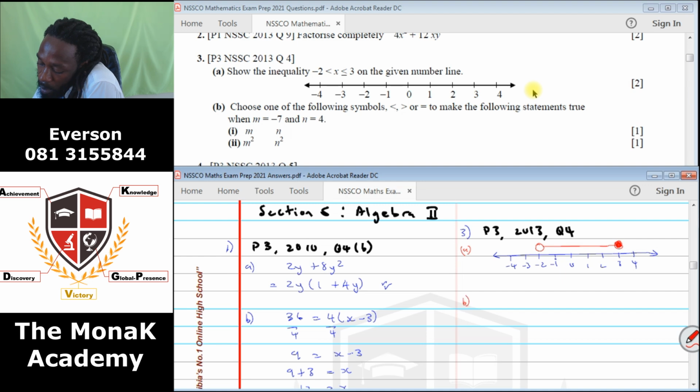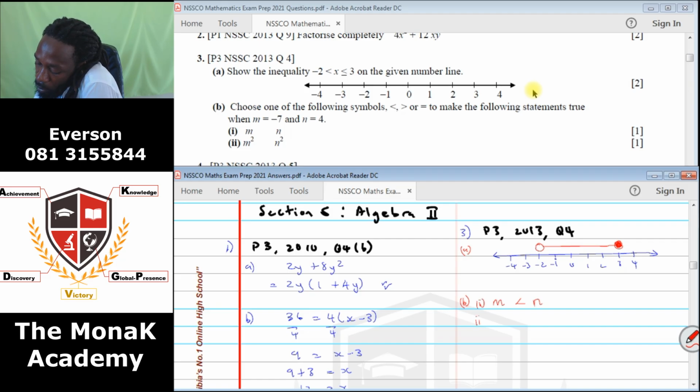Then we go to part B. Part B says choose one of the following signs, less than, greater than or equal to make the following statements true. Given that our m is -7, our n is 4. So we know -7 is definitely less than n, which is 4.